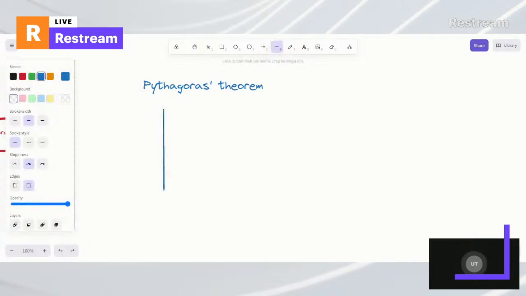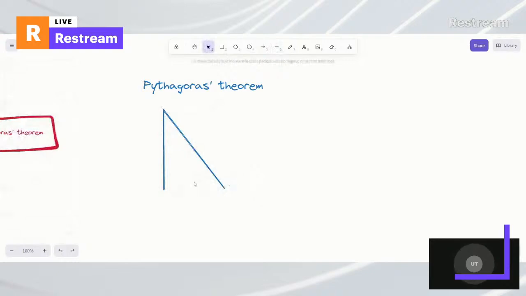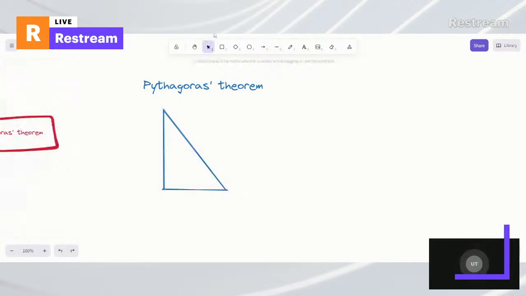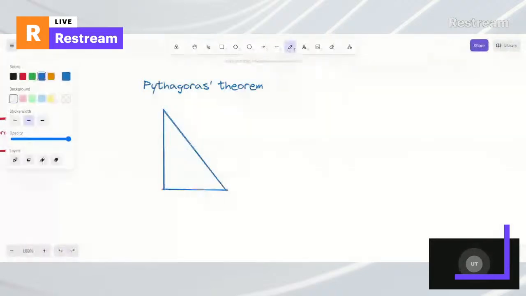It's partially correct, not exactly correct, because it doesn't necessarily have to be about calculating the longest side. It's so that we can calculate any side of the triangle. And there's a specific triangle it can be applied to: only the right angle triangle.